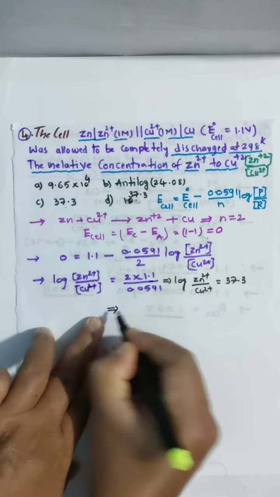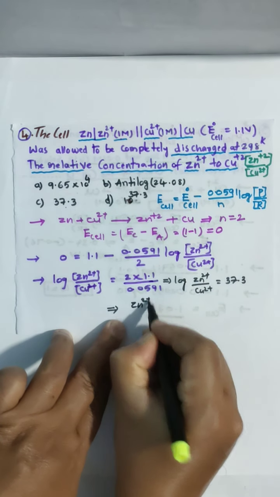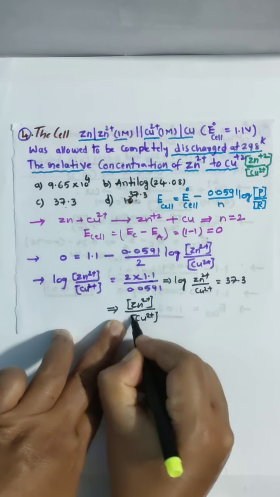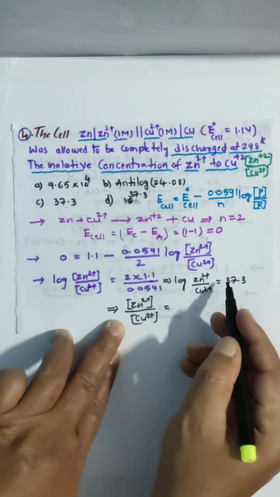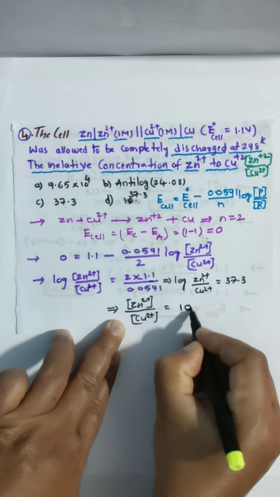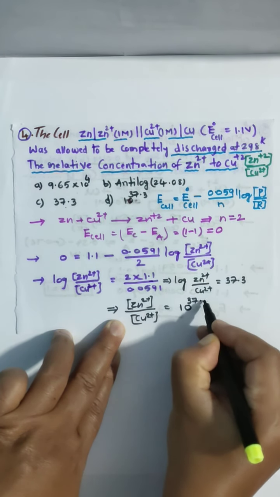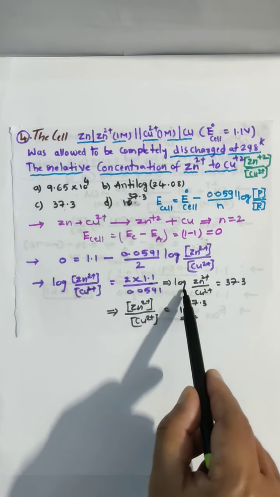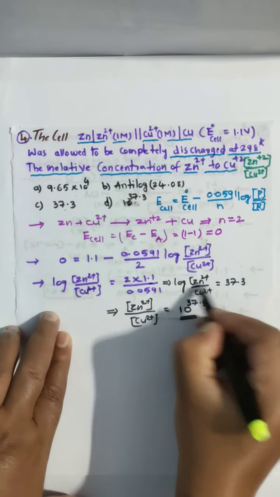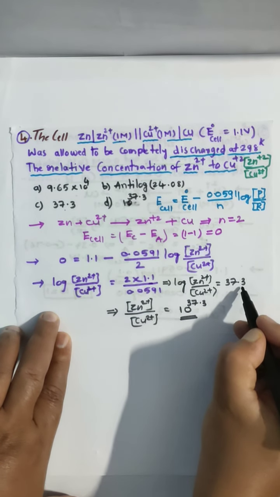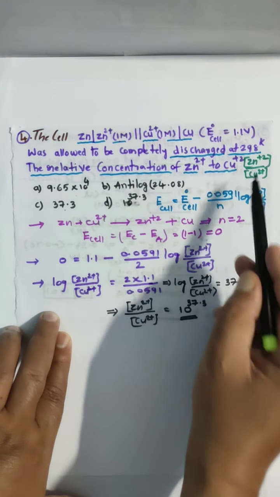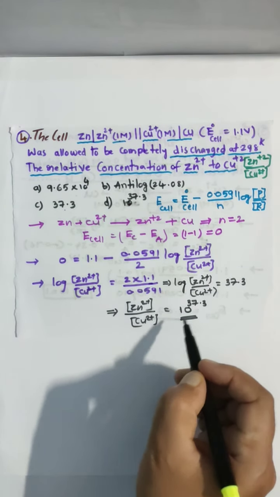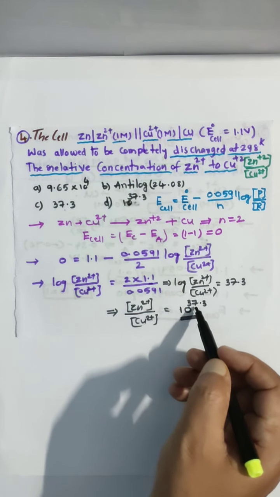That's why Zn2+ concentration upon Cu2+ concentration equals antilog of this, which is nothing but 10 power 37.3.